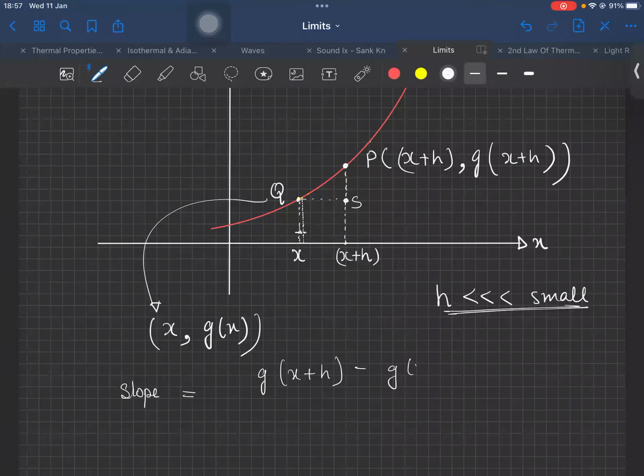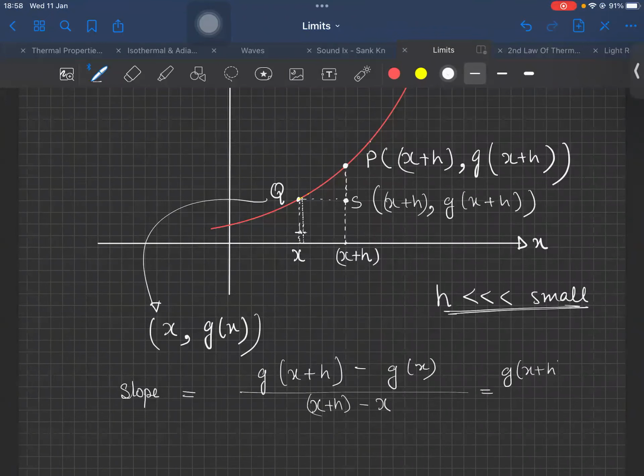The coordinate of this point is x plus h, and y is g of x plus h. Divided by the run, x plus h minus x. So can we write this as g of x plus h minus g of x upon h? Is this correct? Yes or no?